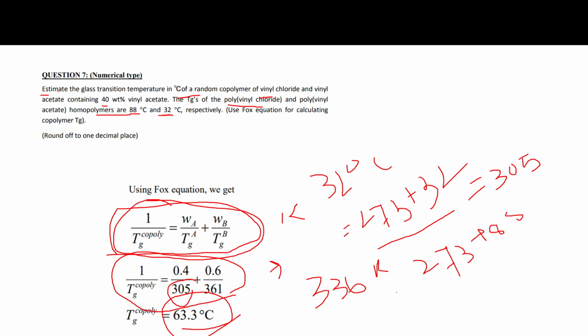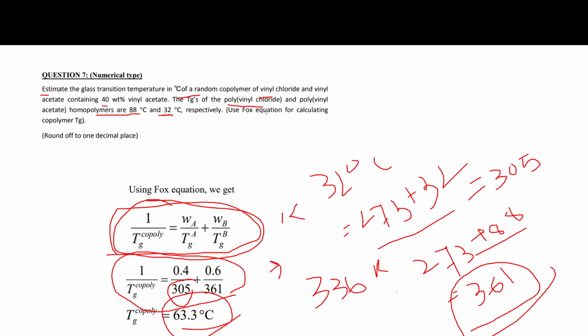If you add it, how much will it be? 8 plus 3 is 11, then 6, then 2 plus 1 is 3. So it comes to 361. Did you understand?